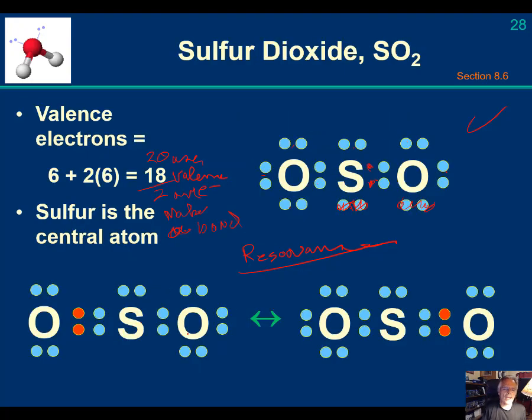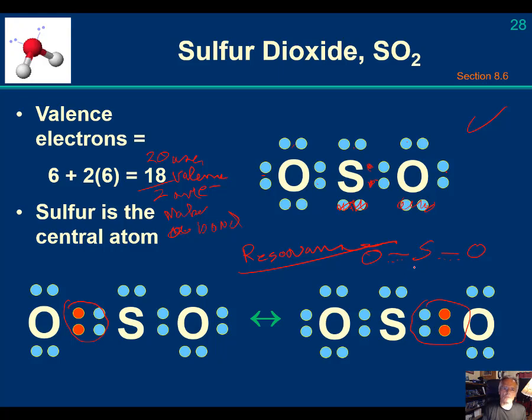One of the things we can say about resonance structures, where you can have equally valid Lewis structures, is that I could have the double bond over here where it's indicated, or I could put the double bond between sulfur and the other oxygen. The true structure is an average of both structures. So you could just think of the electron distribution in the double bond as being stretched out across both oxygens.